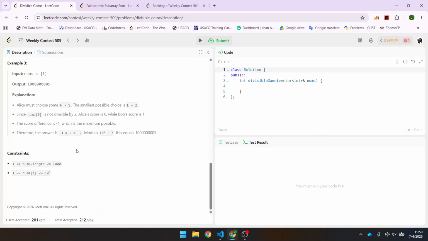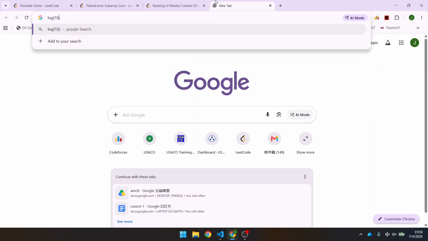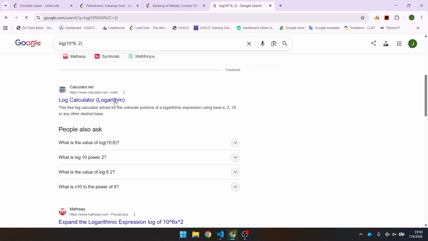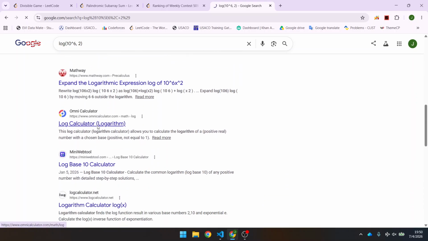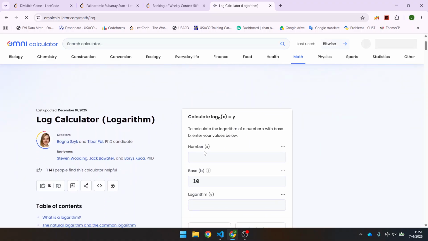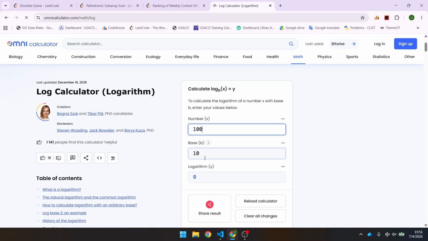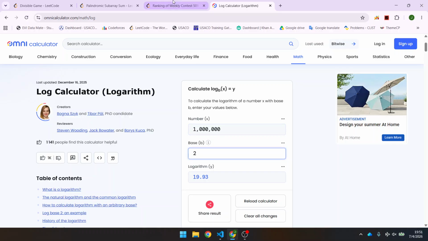10 to the 6. So again, factoring takes logarithmic time. So 1000 times log of 10 to the 6. What's log of 10 to the 6? About 20.